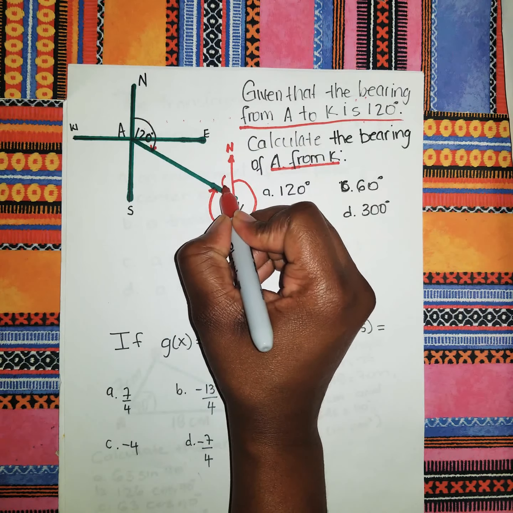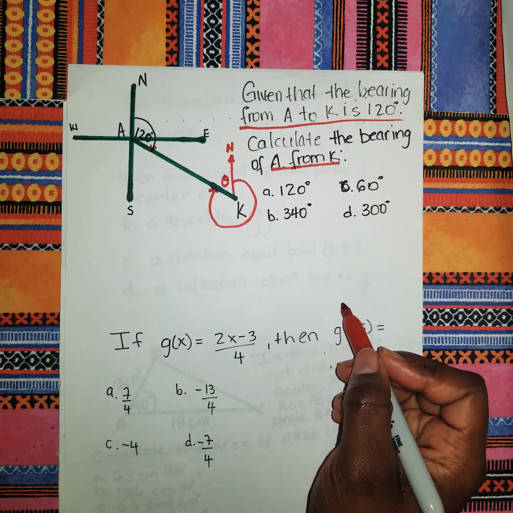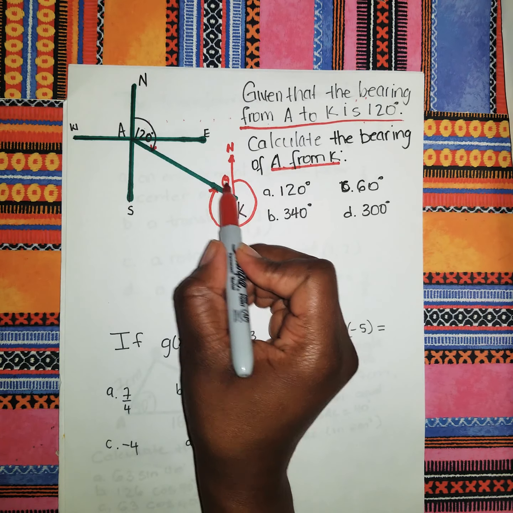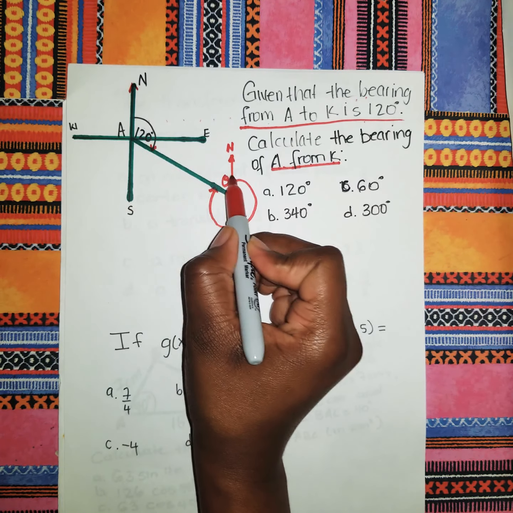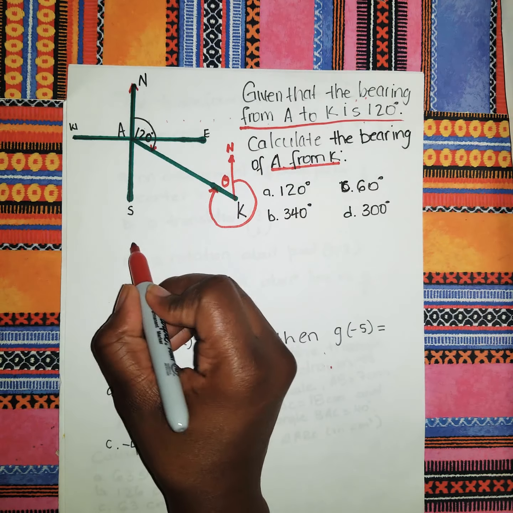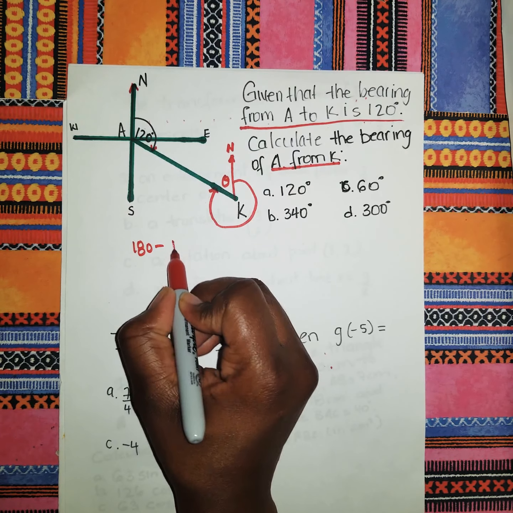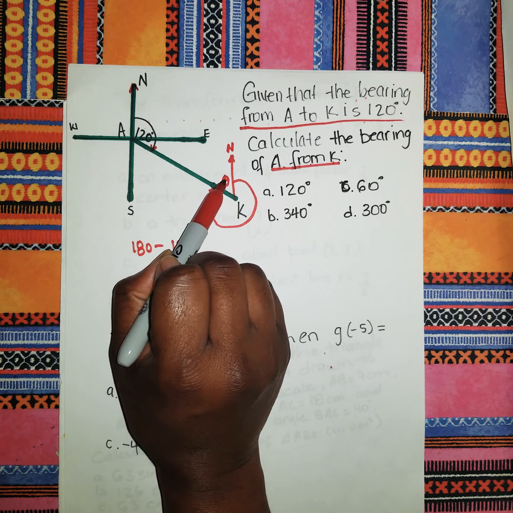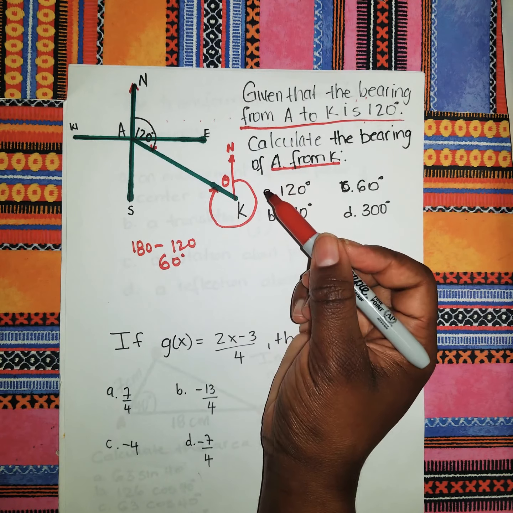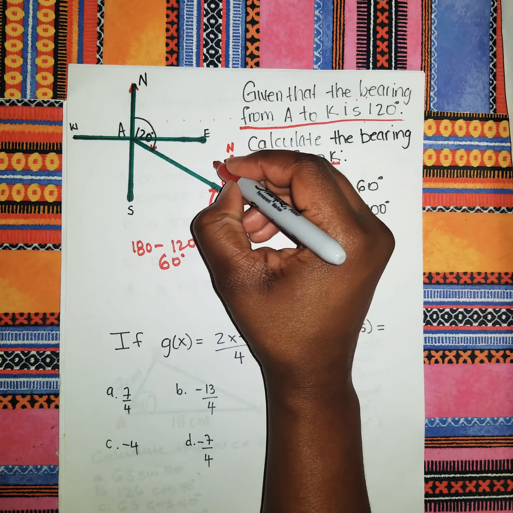So to find this angle here, I'm going to call it theta. We know that these two form co-interior angles. They form between two parallel lines. And so this angle here would be 180 subtract 120 to give us 60 degrees. We know co-interior angles equal 180 degrees, guys. So here is 60, all right?